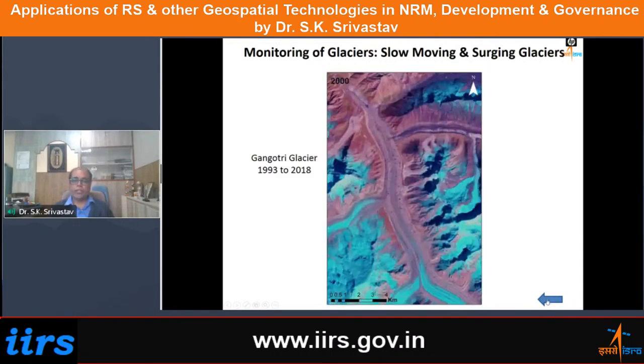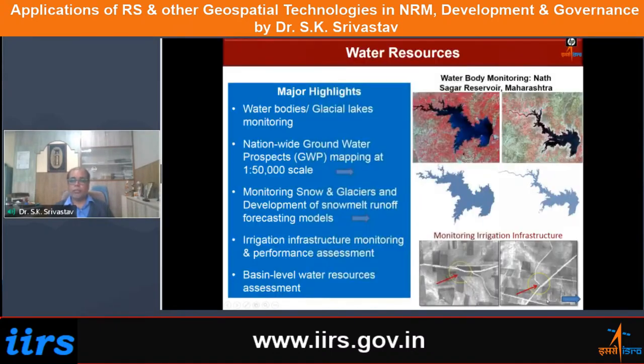So this is another possibility, and many people these days use the SAR data sets for mapping and monitoring the velocity of the glaciers, which in turn provides information about the mass changes in the glacier.